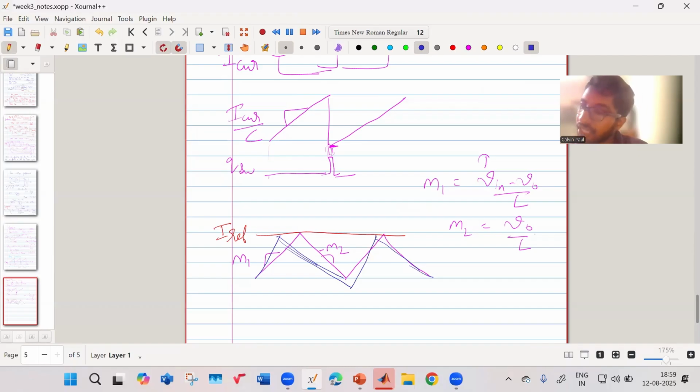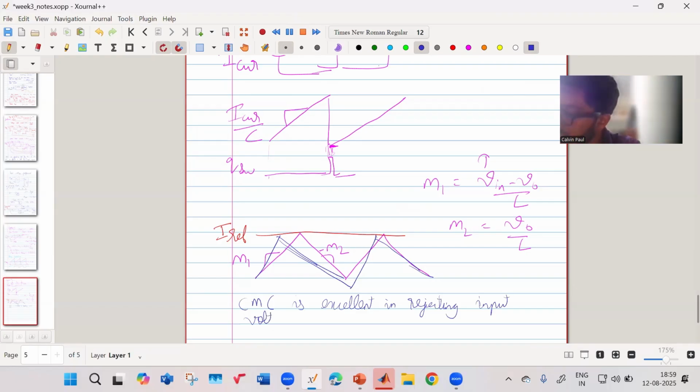So that is why current mode control is excellent in rejecting input voltage disturbance. That is the beauty of current mode control.